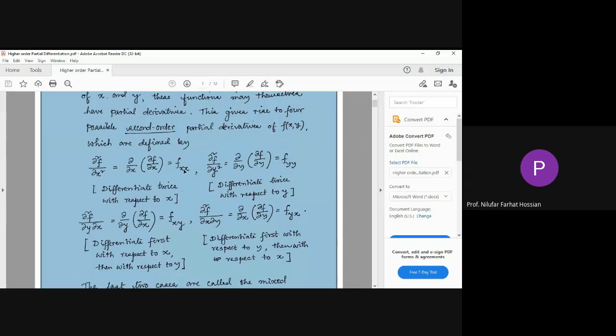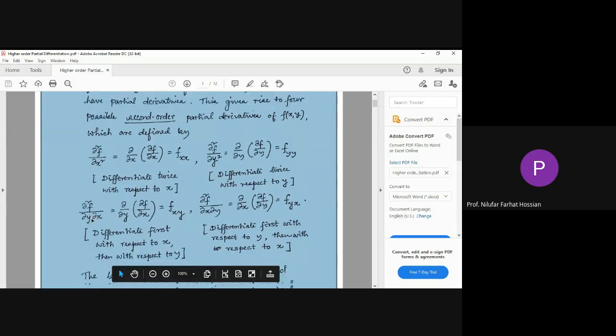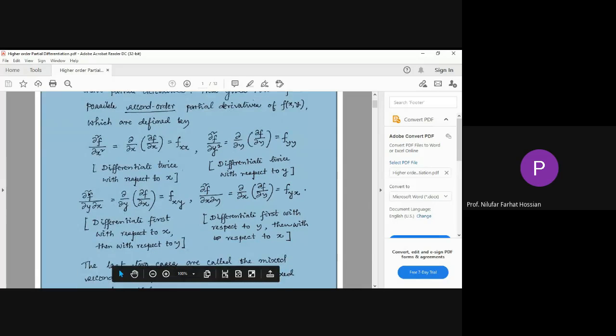Now, if it is like that, at first with respect to x, then with respect to y, here it will be like this: del square f by del y del x. It means del y of del f by del x. So please try to understand the notations.